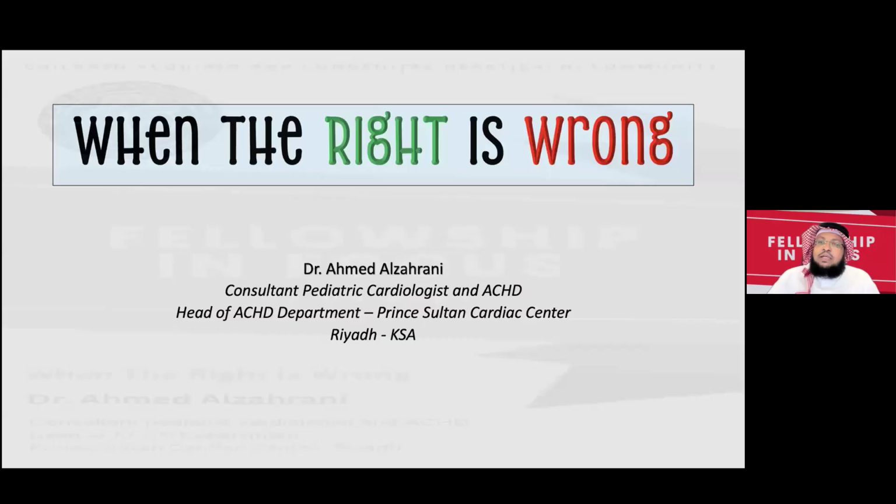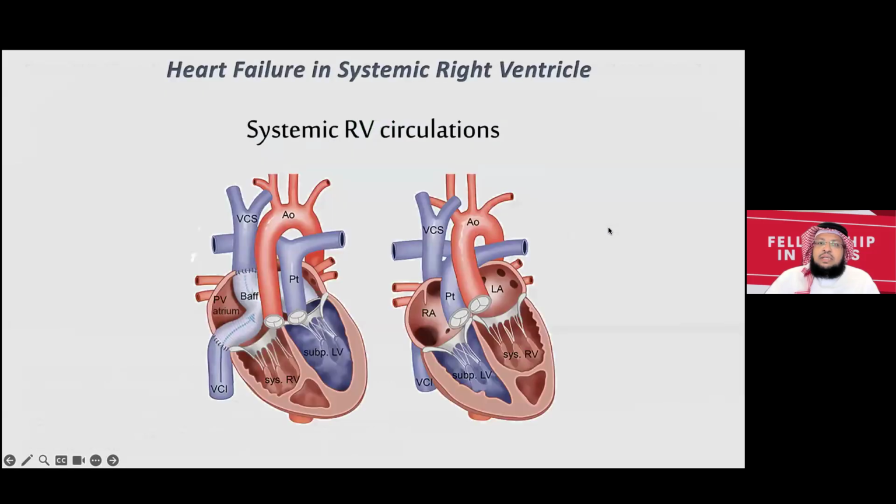Basically, I'm going to speak about the systemic right ventricle circulation. And this we know in those patients post atrial switch operation, TGA post atrial switch operation, or those with congenitally corrected transposition of great arteries, the systemic ventricle is the right.